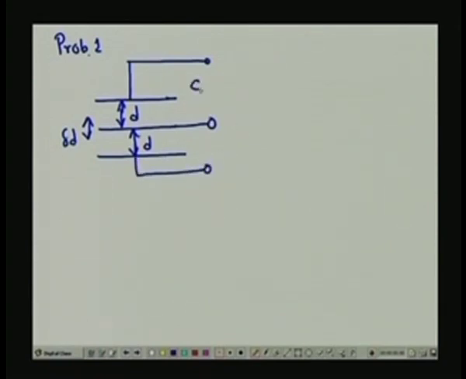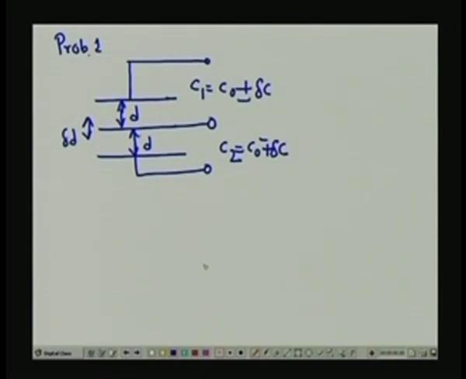So, this C1 will be equal to C naught plus minus delta C. C naught is the capacitance when the plate is exactly at the mid position, where the capacitances between the two are the same. And this will be C2, the capacitance between this and this, equal to C naught plus minus delta C, right.